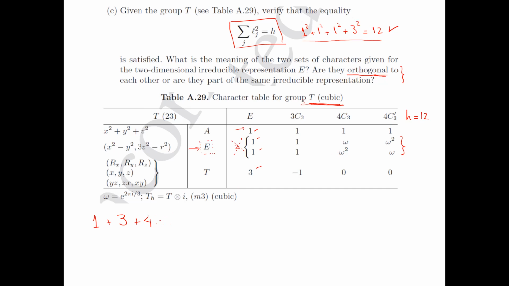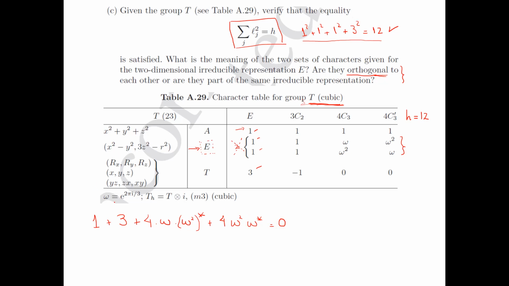It doesn't matter. So 4 times omega times omega square complex conjugate, star, plus 4 times omega square omega star. Okay, this must be equal to 0 to satisfy orthogonality.